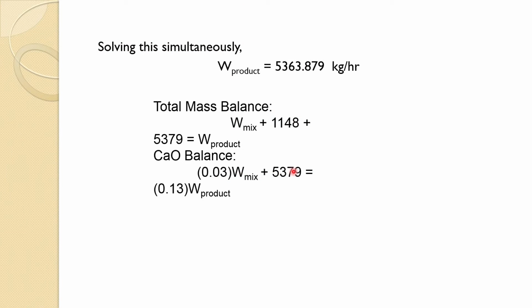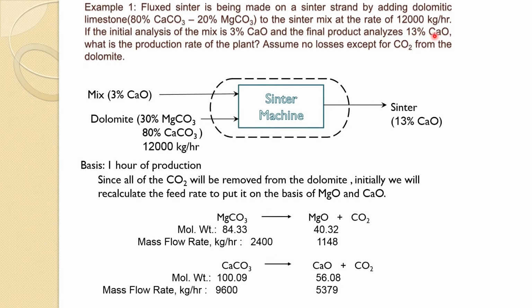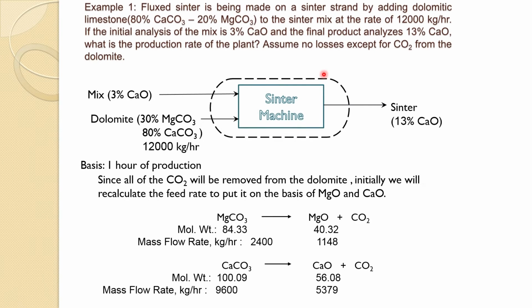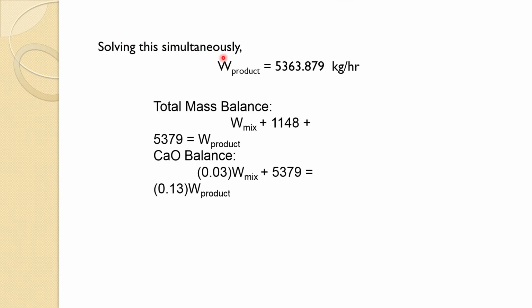So, this plus this should give 13% CaO in the product. So, this is another CaO balance, and this is the normal mass balance. So, two equations, two variables; if we solve it, we get the product, which would be 5363 kg per hour. So, this is the production rate of the plant.